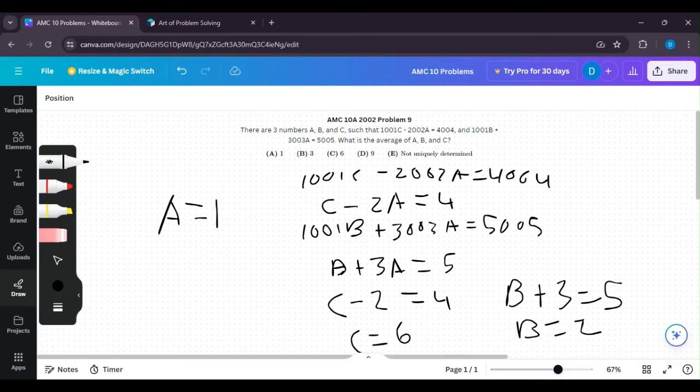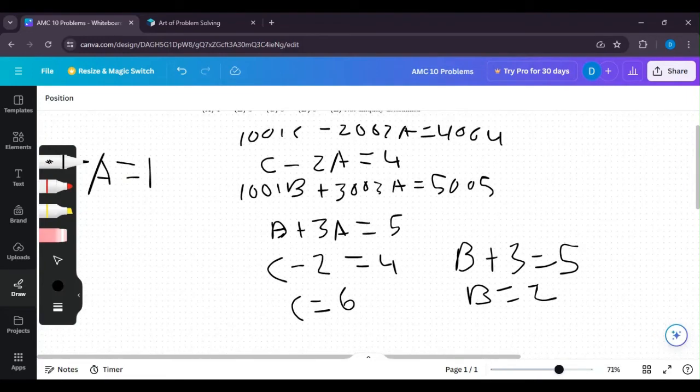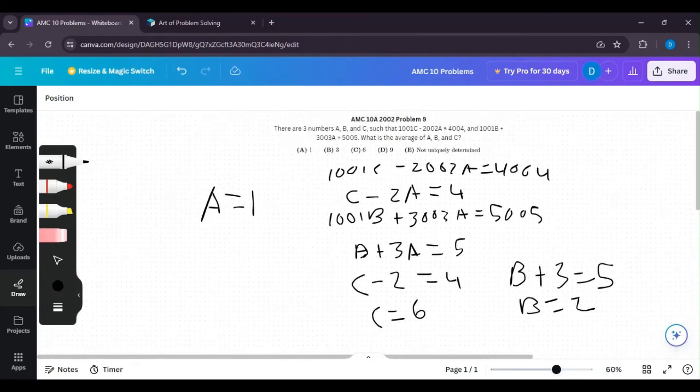So whatever a is, b and c are dependent on the variable a. And so we have c is equal to 6, b is equal to 2, and a is equal to 1.